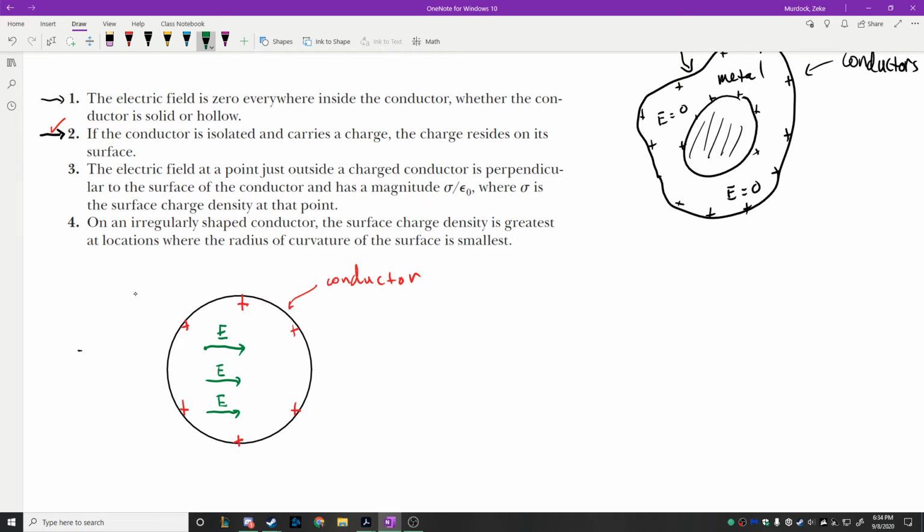Meaning that if there was some electric field in here, it would constantly move the charges to the right. And here's the thing: if this electric field existed like this, and it caused these charges to move, any excess positive charges are going to start to pile up on the right-hand side. Does that make sense to you guys?